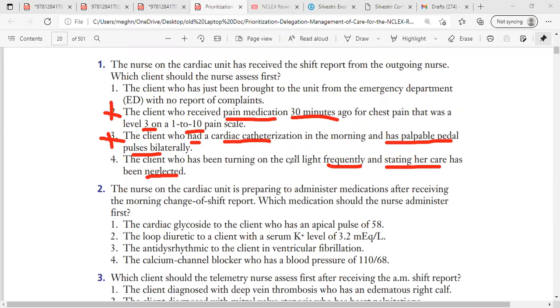So number 4 is also not a priority. Psychological issues are important, but not more so than physiological issues. According to Maslow's law, we always go for physiological issues first, then psychological issues.